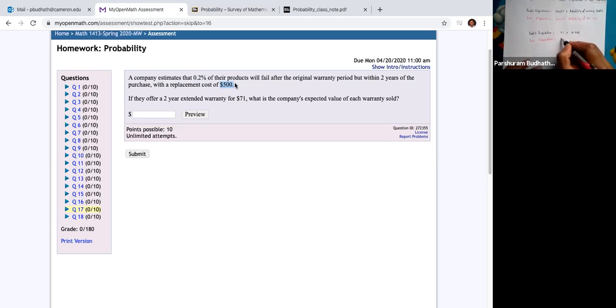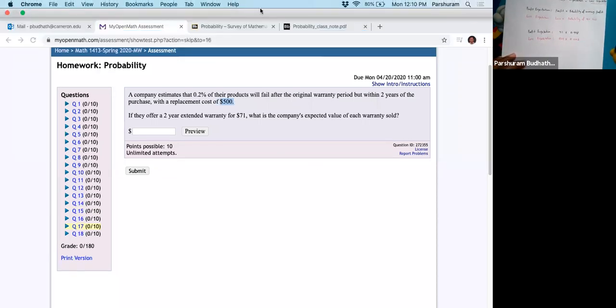So their loss would be $429. And the chance of making that loss is 0.2%. So in decimal form, that would be 0.002.